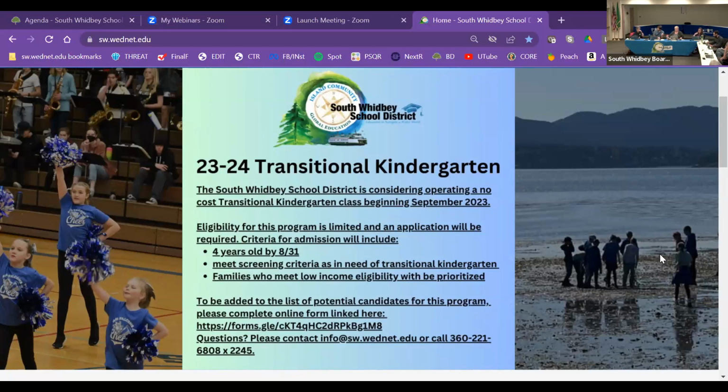This would be free of charge, and there are criteria, and that criteria is listed on the website. So folks are encouraged to go to the website and take a look. And most of those preschools also have multi-year wait lists. They do have wait lists, and we're asking the preschools actually to spread the word, and they're happily doing that. They know that we're doing this because there's a need.